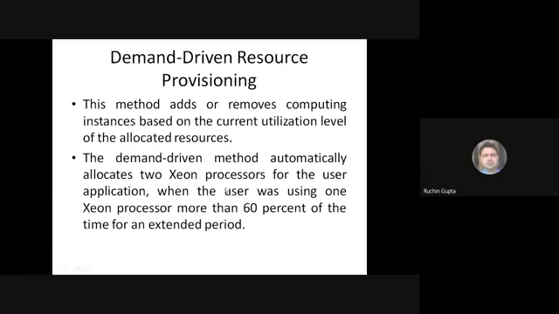Basically this is called demand driven, based upon a certain threshold. The threshold here is 60% utilization. It could be 90%. Depending upon this threshold, the demand driven method will be adding more processors to this user application.